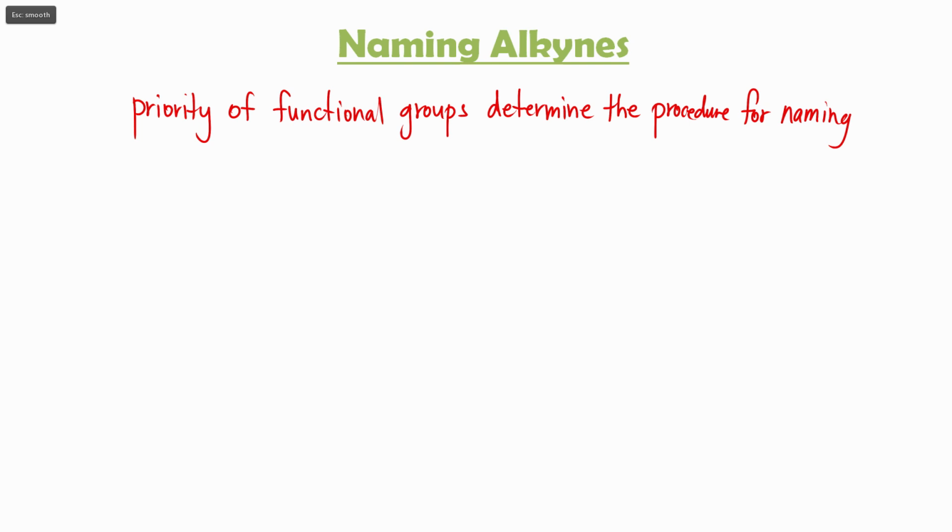Okay, so you remember when we had an alcohol and it was on a carbon-carbon chain and the alcohol took priority? Well, we need to learn about these functional groups, because we're going to have more than one functional group on a carbon-carbon chain, and some of those functional groups do take priority over another.